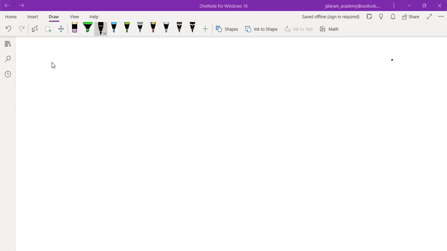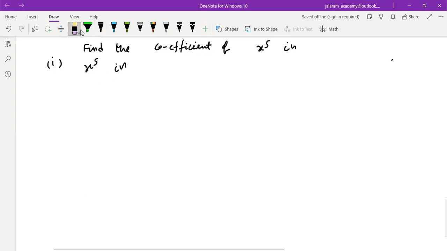Like, find the coefficient of x to the power 5 in (x plus 3) whole to the power 8. For this, there is no need to expand (x plus 3) to the power 8 completely.